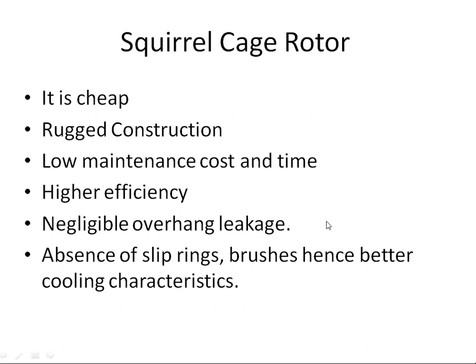Also, since there are no slip rings and brushes, the friction is very less, and since the friction losses are less, the efficiency is also high as compared to slip ring.